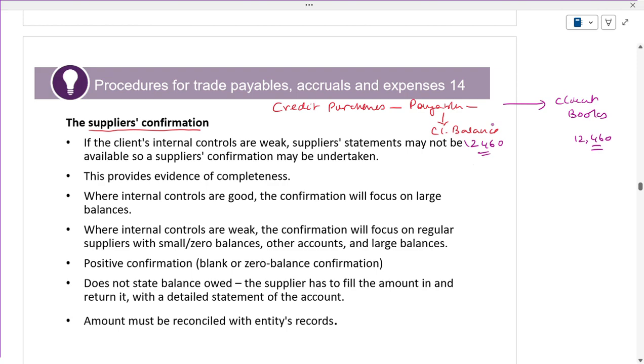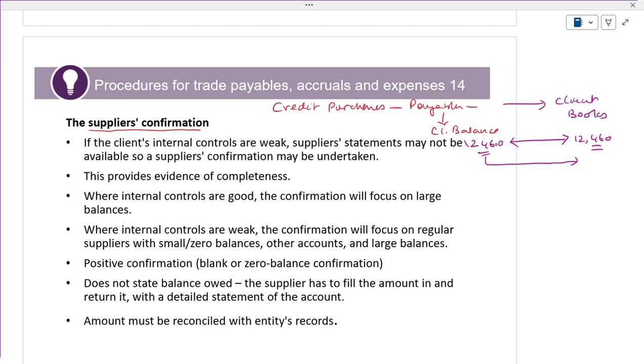What you will do, the auditor will send a letter to the third party with the permission of the client to make sure that the amounts reflected in both the books are similar.